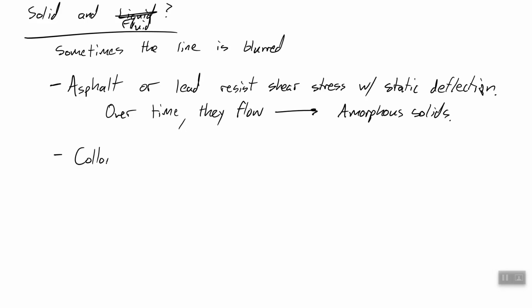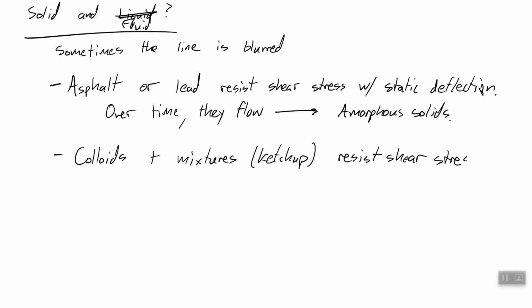Likewise, there are other fluids, things like colloids or mixtures. Specifically, ketchup is a famous example here. They are able to resist shear stress below a given value, so below a threshold.